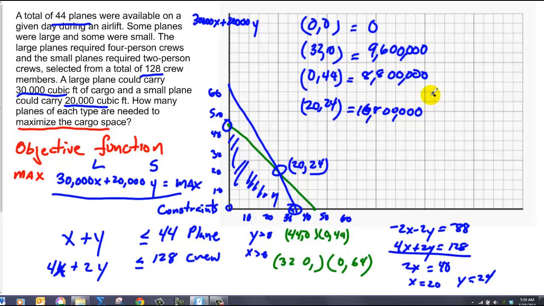So clearly, this 10,800,000 is my maximum cargo space, and I get that with 20 large planes, 24 small planes.